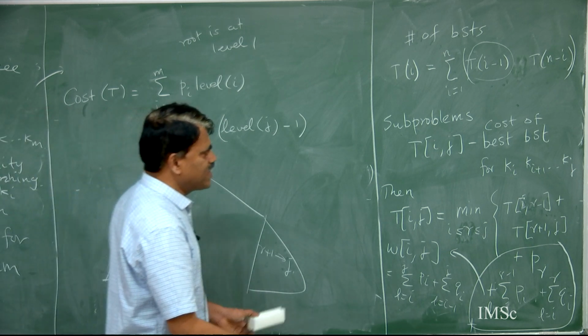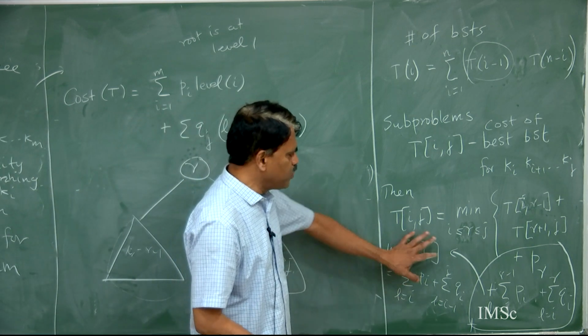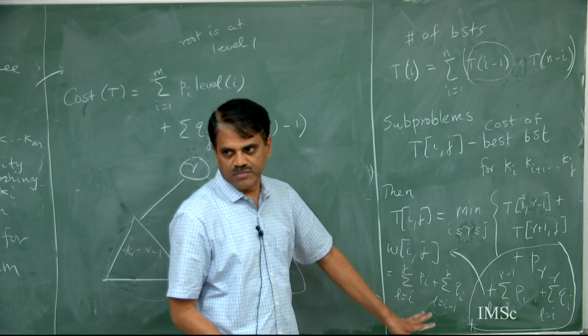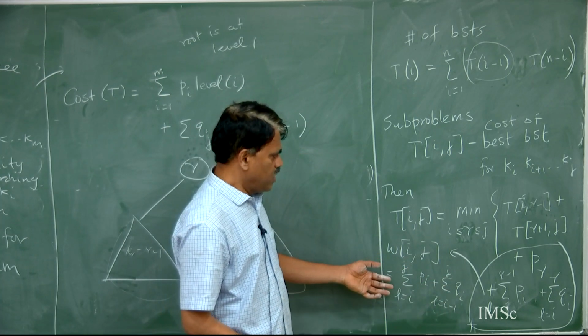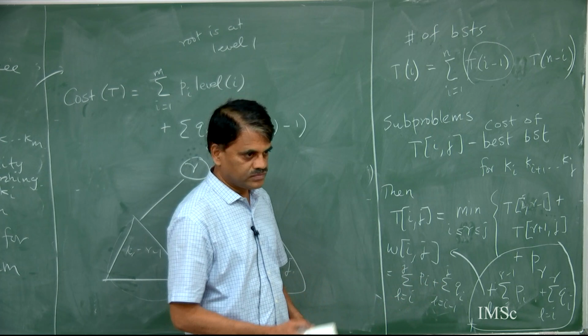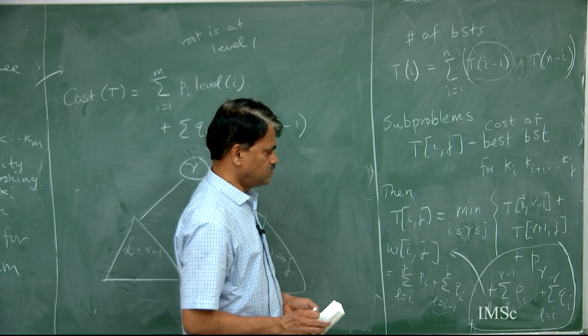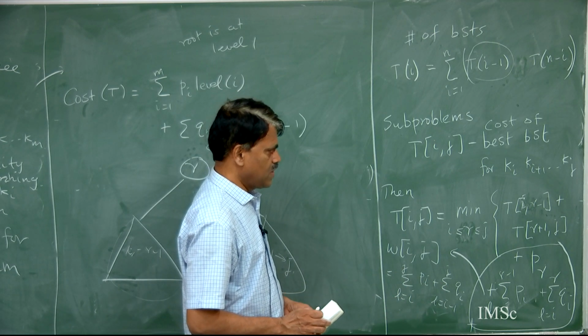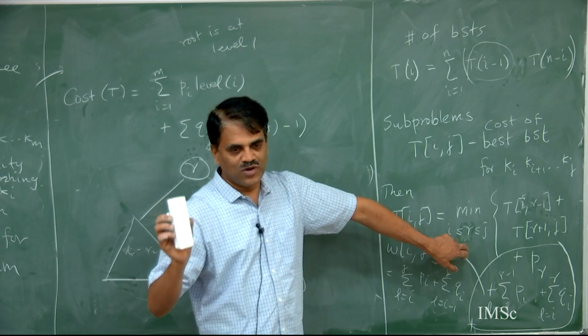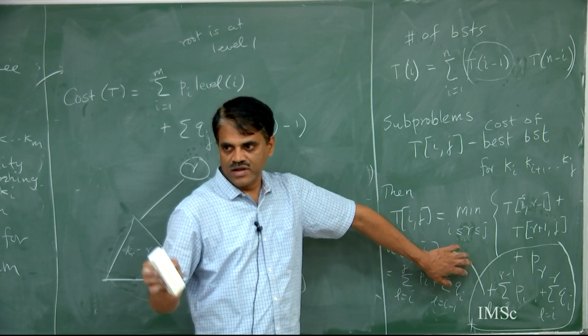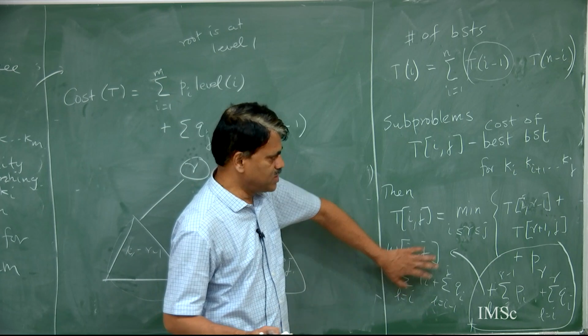But the good thing is it depends only on I and J. I can compute this, pre-compute them and store them. Okay, it's just a function of the probabilities given. It doesn't depend on R. That's all I want to say. That's a beauty here. This quantity doesn't depend on R.